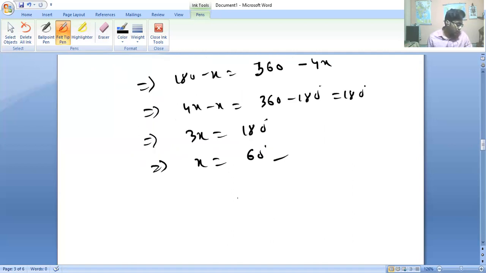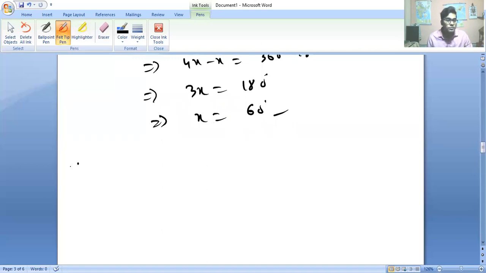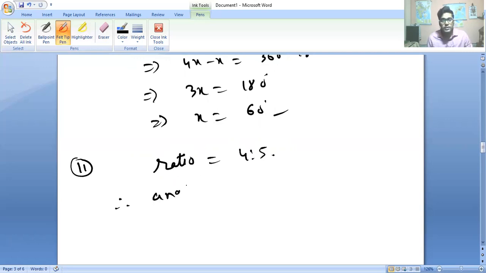Okay. Let us do question number 11. 11 says two complementary angles are in the ratio 4:5. Very easy, this sum. So complementary angles, ratio given 4:5. Therefore, angles are 4x and 5x, because you have taken x as the common ratio.